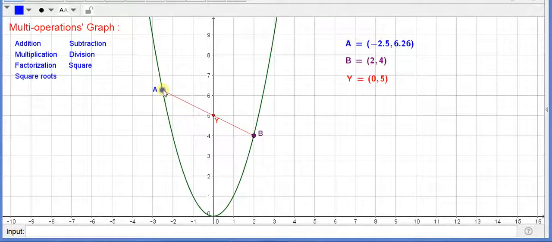Next thing is division. For division, suppose I want to divide, say 6 by 2, this 2 here. So on the other side we can read this value of x coordinate of this point A, that is 3.